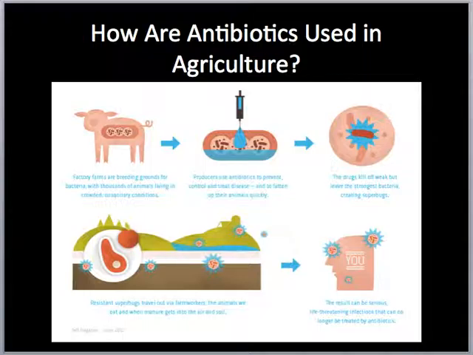The drugs kill off weak bacteria but leave the strongest bacteria, creating superbugs. These resistant superbugs travel out via the farm workers, the animals, food we eat, and the manure that gets into the air and soil and then contaminates fruits, vegetables, and crops that we eat. The result can be serious life-threatening infections that can no longer be treated by antibiotics.